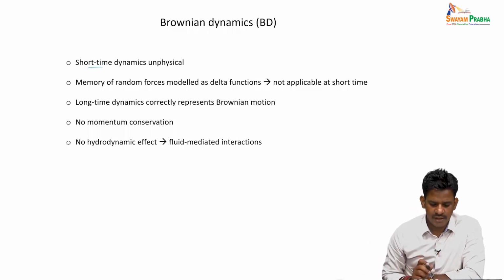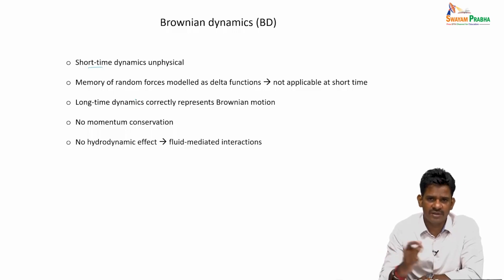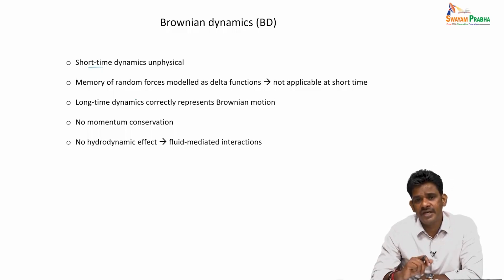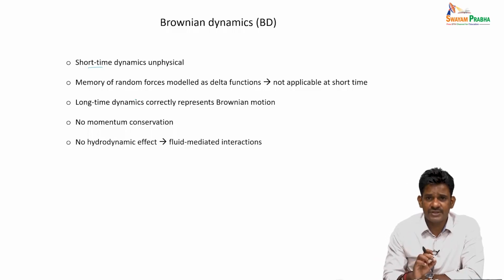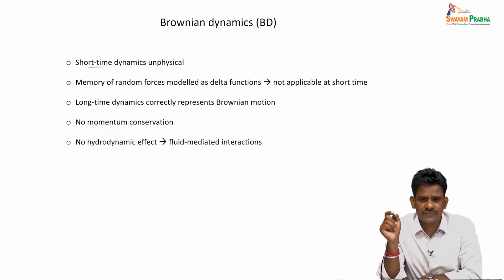Another important assumption that went into the derivation of Langevin dynamics is that the solvent effect on the particle occurs through collisions, and then you ask whether the collisions are remembered by the particle or whether the collisions are independent. We make a very restrictive assumption in deriving Langevin dynamics, where we think of the collisions as delta-like functions.